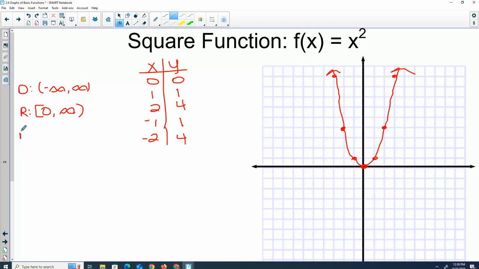Starts off decreasing from where to where? And then what does it do after 0? Increasing from 0 to infinity. Increasing, decreasing, it doesn't matter if you do a parenthesis or a bracket there. This one is never constant. Is it continuous? Yes, the whole thing is continuous. We drew the whole parabola without picking up our pencil.